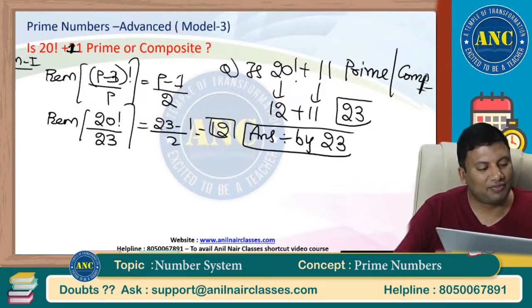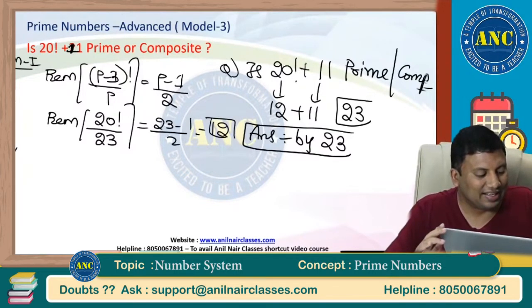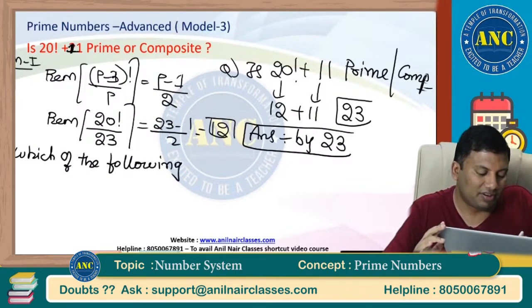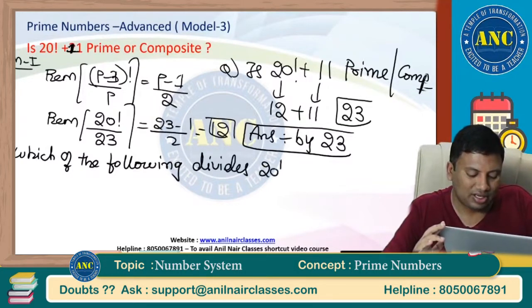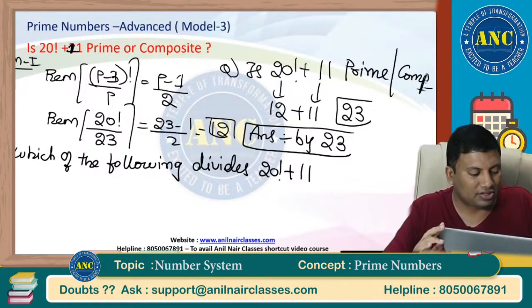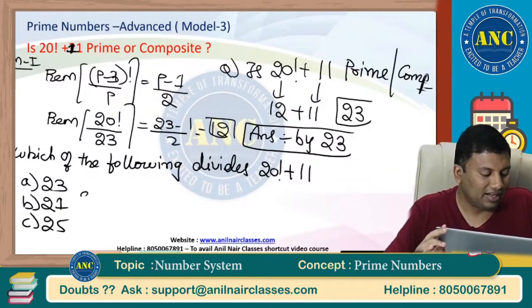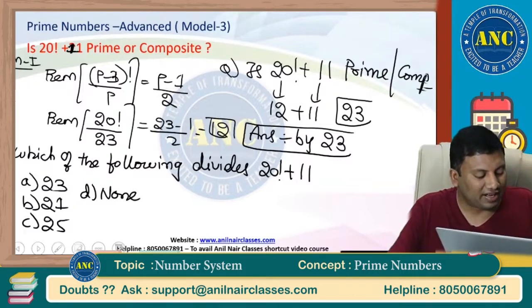The best way of asking this question is like this: which of the following divides 20 factorial plus 1? With 21 also, if you want, I will discuss. The options are 23, 21, 25, none of these.